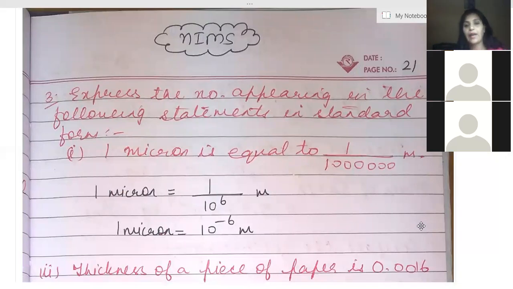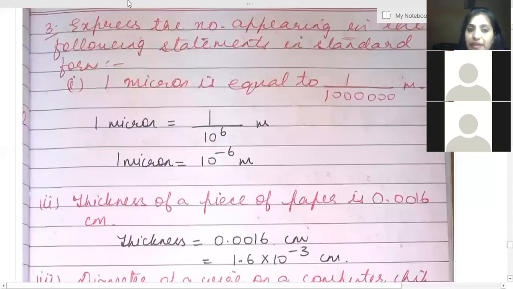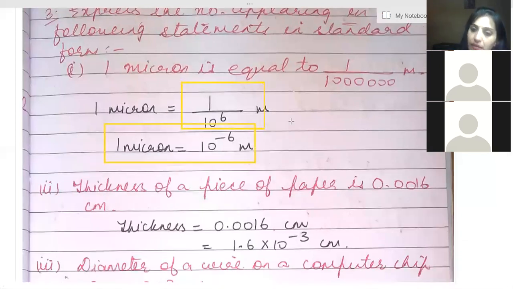Next, beta, you have to express the following numbers appearing in the following statements in the standard form. You have to represent this in standard form. So 1 micron is equal to 1 by 1,00,00,00 meters. Now what is this, beta? It means 1 micron is equal to 1 by 10 to the power 6, so it will become 10 to the power minus 6 meters.